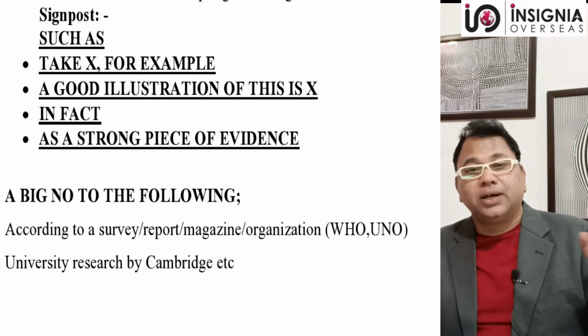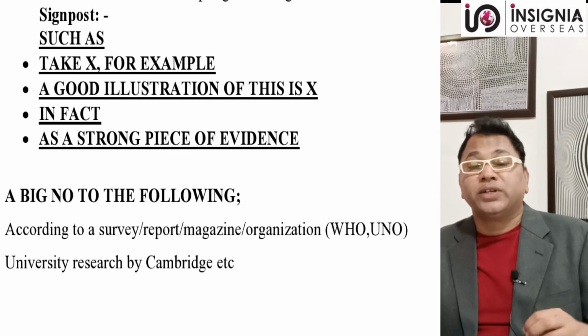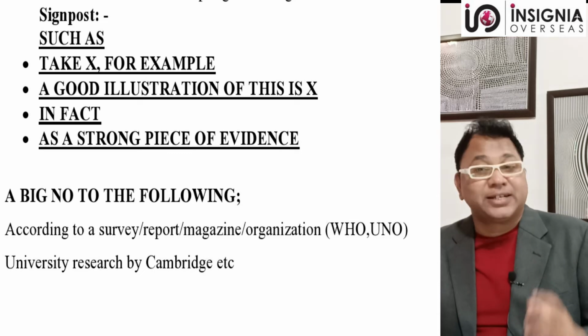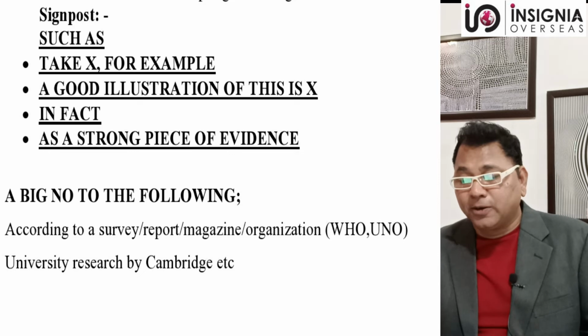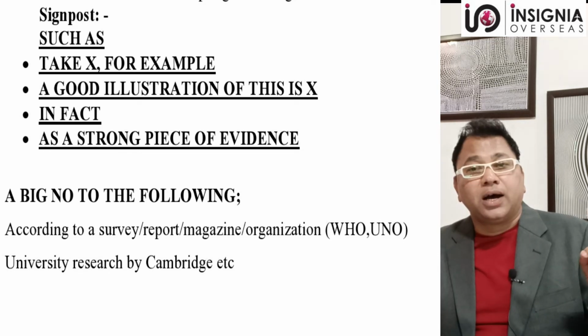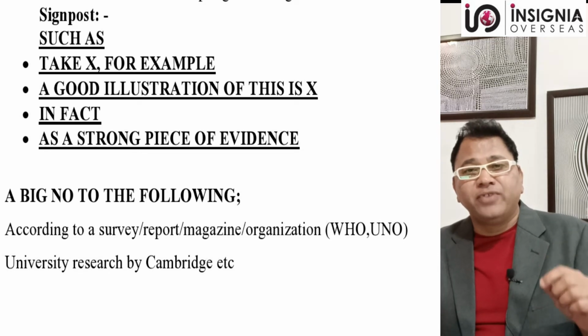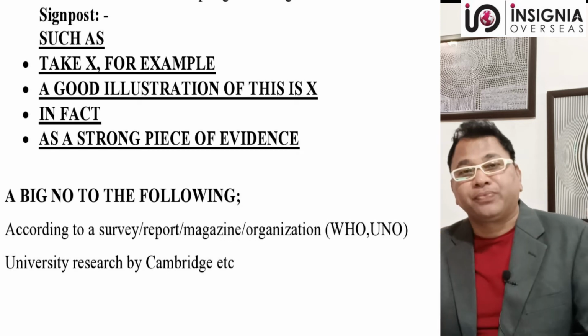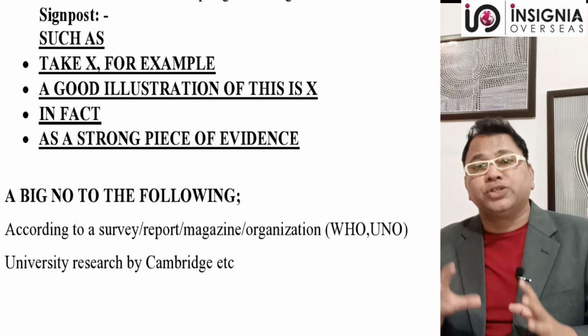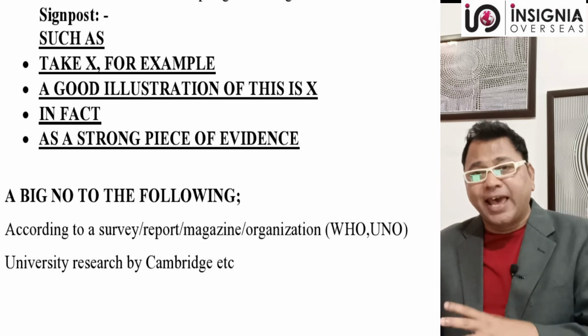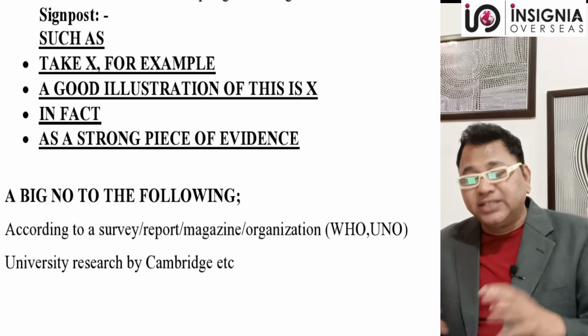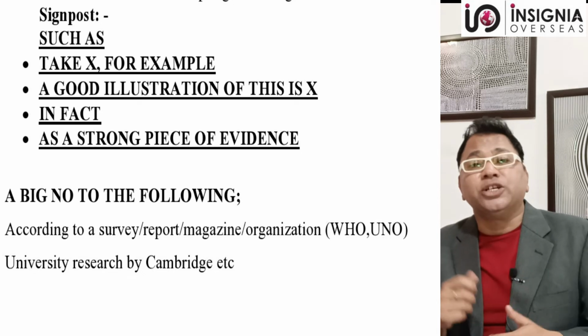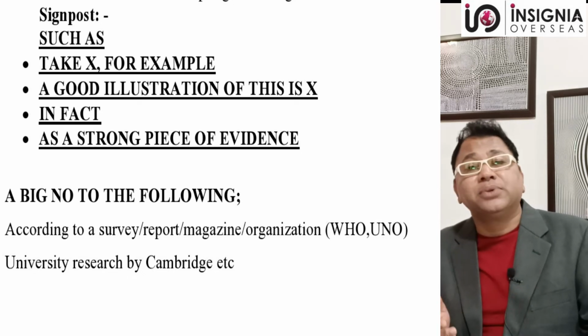An example can also start with in fact, that's the most natural way of using it. A strong piece of evidence of this can be dash. A good illustration of this can be dash. These are some of the signposts you can actually use while giving examples.